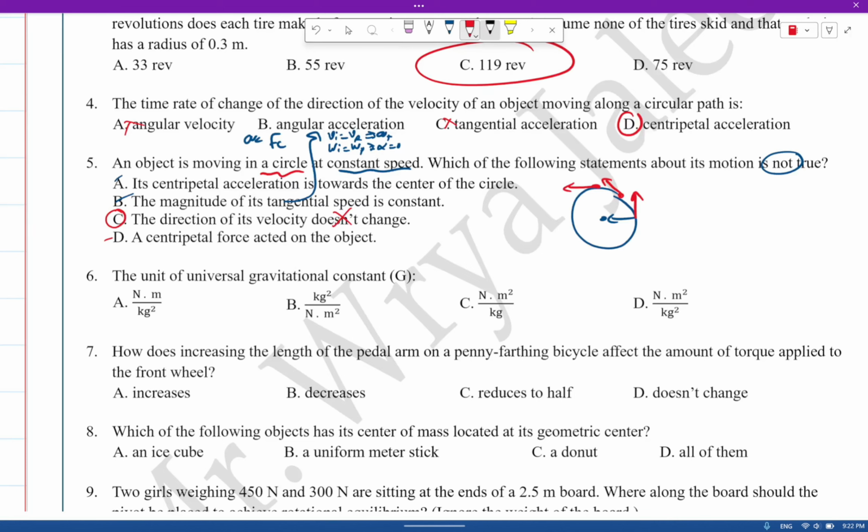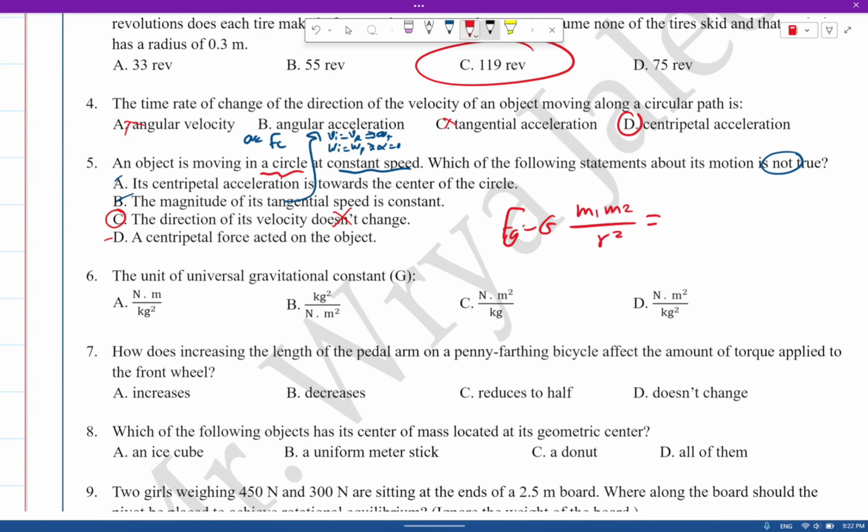Now, question number 6 says, the unit of the universal gravitational constant is what? Well, this one is very easy, and you don't have to memorize anything, at least for this one, as long as you know the equation. The equation for gravitational force, Fg, is equal to G, the constant for universal gravitation, times m1 m2 over the distance squared.